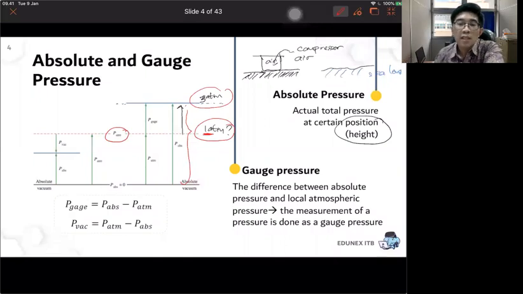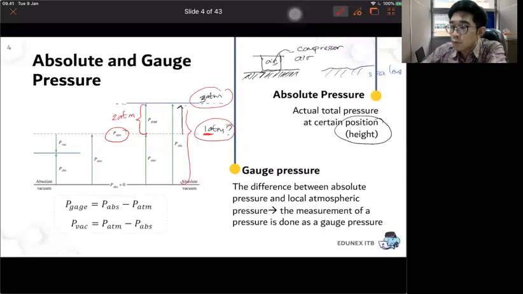It means the pressure gauge only takes the value by differentiating the actual pressure inside the tank minus the pressure outside the tank, which is the atmospheric pressure. So the value measured by the pressure gauge will be this one. How much is the value? 2 atm.